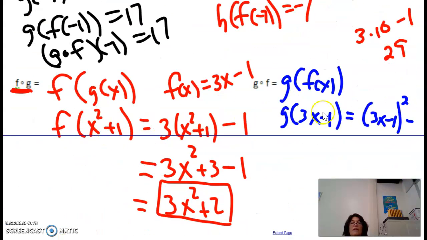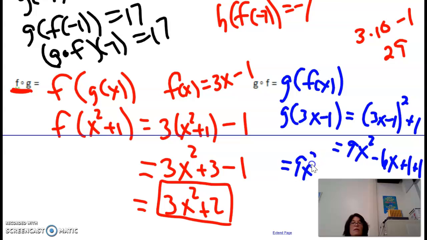Plus 1. So I'm going to add 1. I take what's in the parentheses, square it, and add 1. So that gives me 9x squared minus 6x plus 1, which is 9x squared minus 6x plus 2.